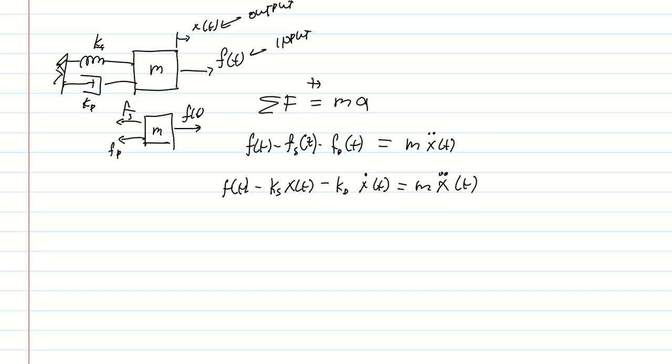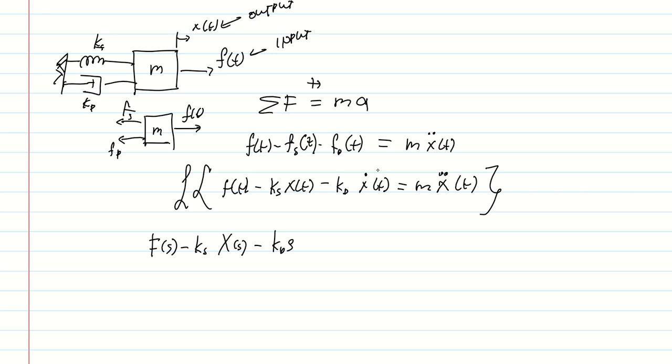So this is now our differential equation. If we take the Laplace of this, then we can derive our transfer function. So f of t will become F of s minus ks, a constant, times capital X in S domain. Then we have a first derivative, so kd, first derivative, s raised to 1, so multiply by s.